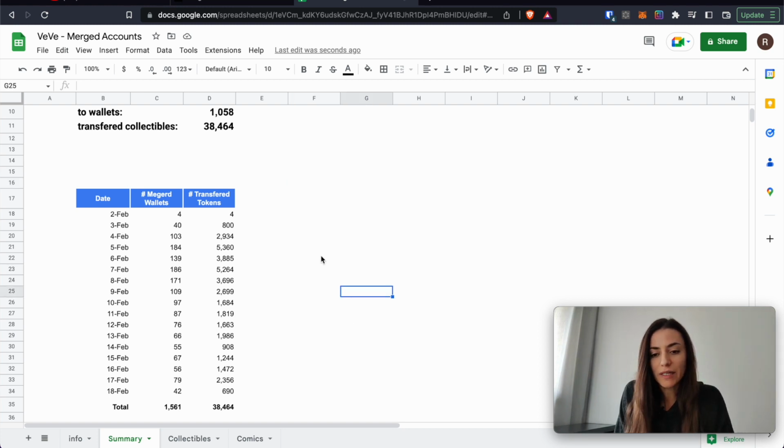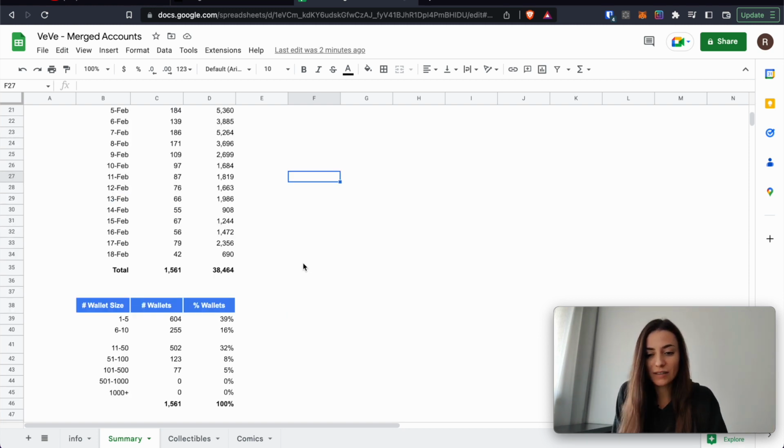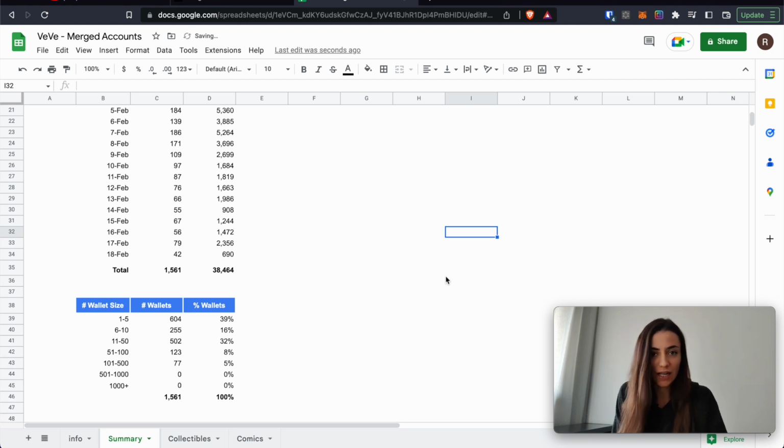As we see, we are continuously merging between 50 and 100 accounts a day, and with that a couple of 100 collectibles are transferred from inactive wallets into active wallets, and with that they basically come back into circulation.